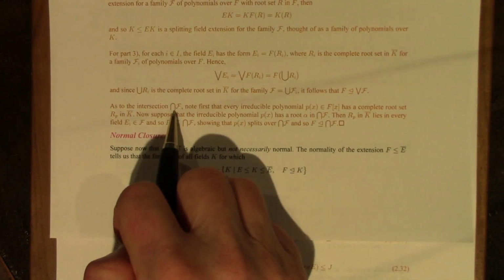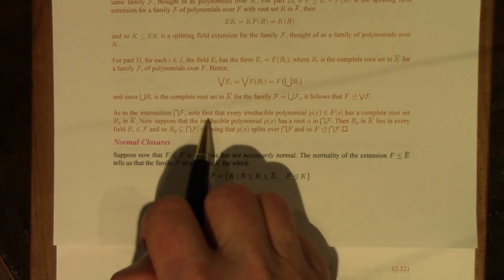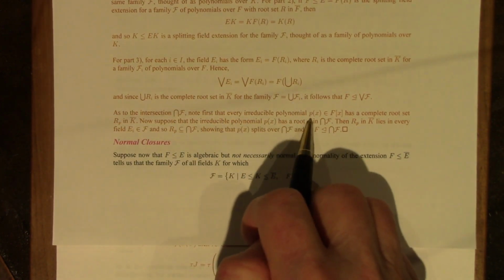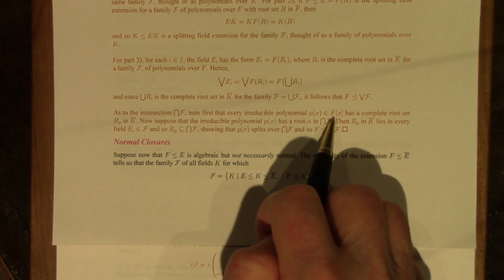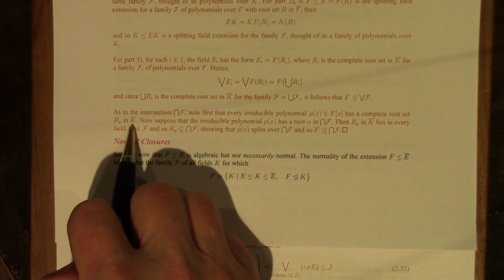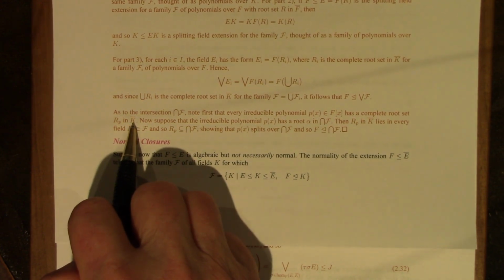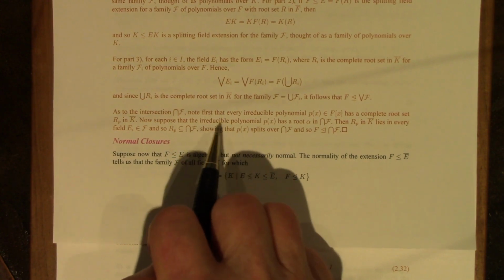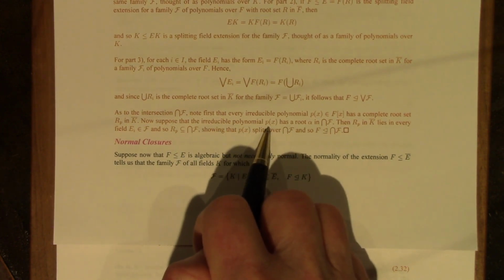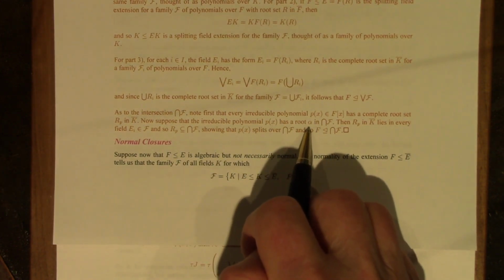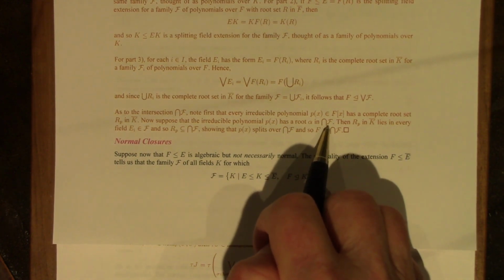For the intersection, first note that every irreducible polynomial p(x) has a complete root set R_p in K bar. So suppose that an irreducible polynomial p(x) has a root alpha in the intersection.